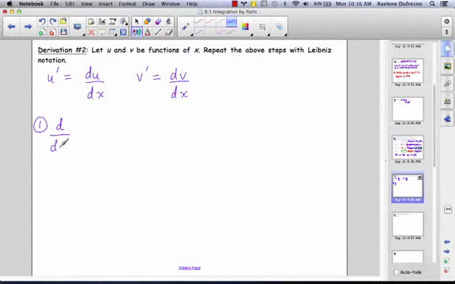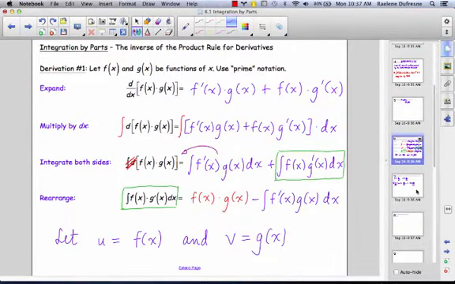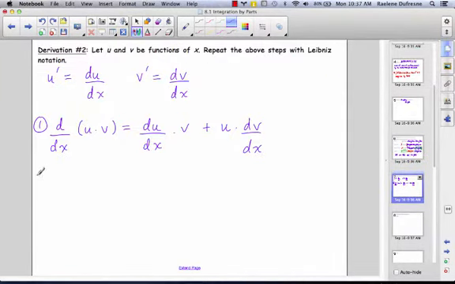So d by dx of u times v is going to be du by dx times v plus u times dv by dx. The second step says to multiply both sides of the equation by dx.